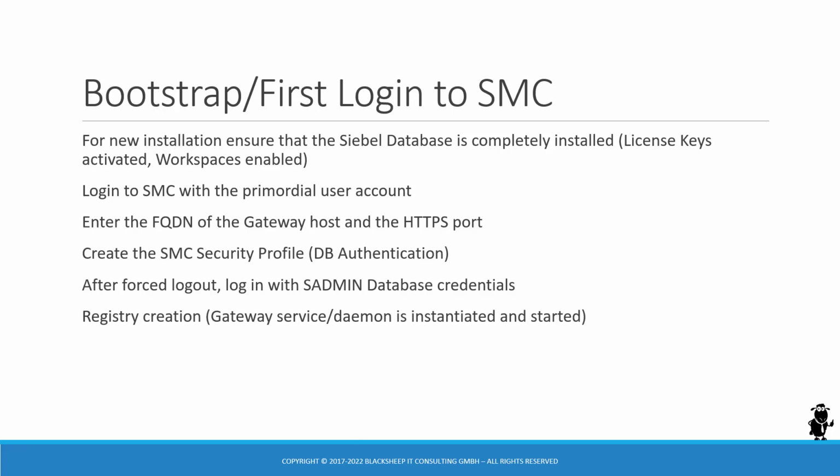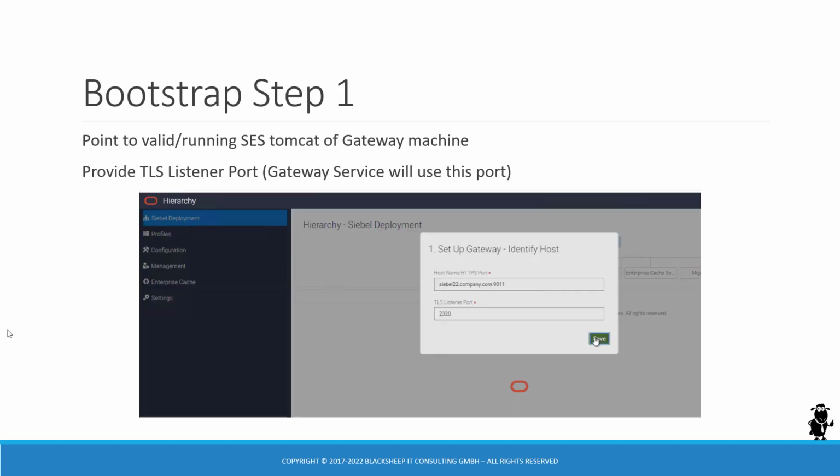In the second step, you will create the so-called security profile, where database authentication is probably the easiest way to continue. You will then be forced to log in again with the database credentials. And then you can continue to the third step, the registry creation.